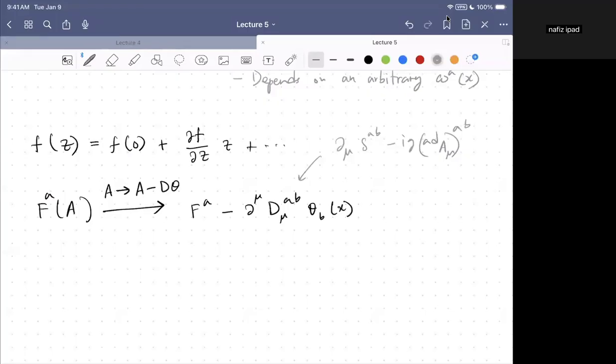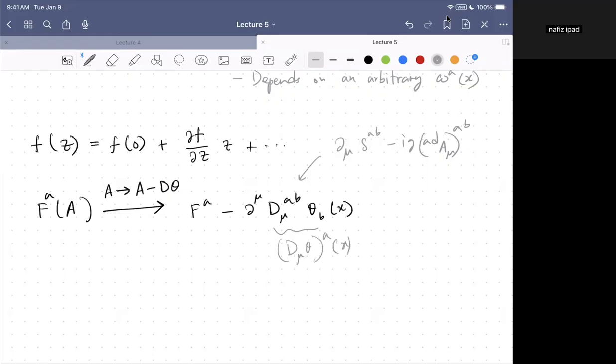So it has a bunch of indices corresponding to the directions of the Lie algebra. So a, b each goes from 1 to n squared minus 1. Anyway, so that's what I mean here. You could also just write it as the covariant derivative of theta with the index a, evaluated at x.